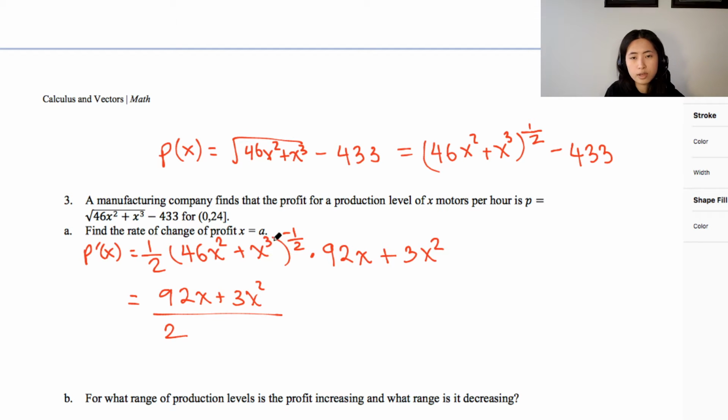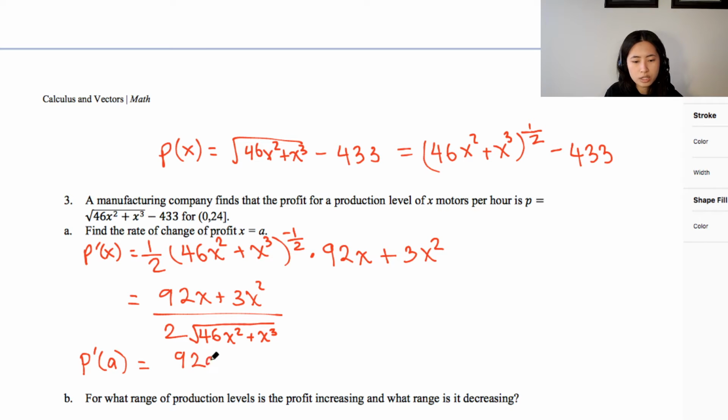Because we have a negative exponent, that goes in the denominator to become positive, and this is 46x squared plus x cubed, inside the root, specifically a square root. That's why I have the square root of 46x squared plus x cubed. And because we want to change the variable from x to a, you're going to plug in, giving p of a.